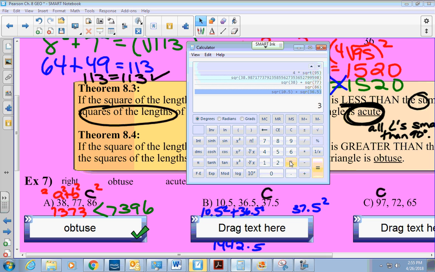You want to know how that compares to 37.5 squared. In this case, 37.5 squared is 1406.25.